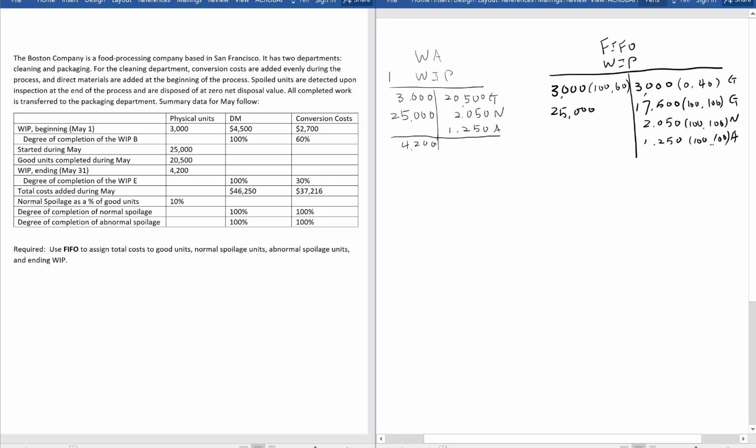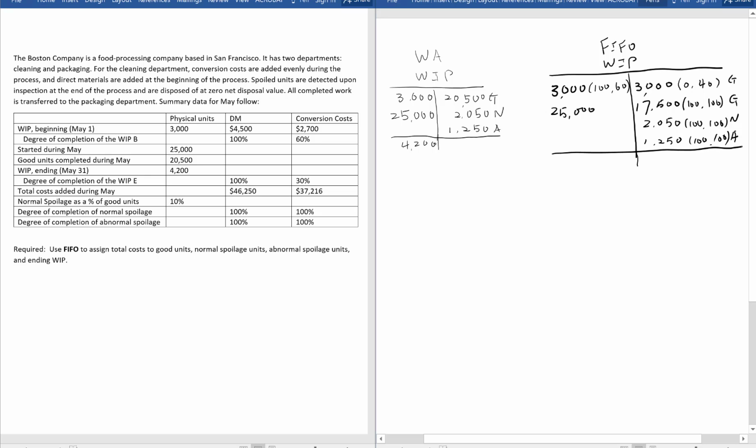The key in the FIFO method is to summarize current period equivalent units and costs. The work in process beginning inventory's use of prior period resources should be excluded.